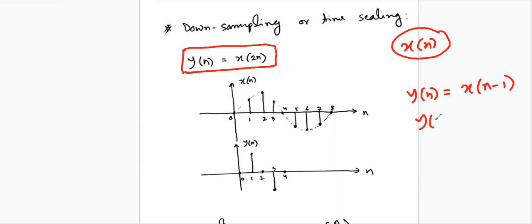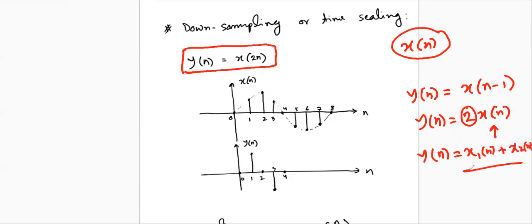If I write y[n] is equal to 2x[n], what is that system? This is an amplifier which amplifies your original signal with a multiplying factor of 2. If we write y[n] is equal to x1[n] plus x2[n], what does it mean?